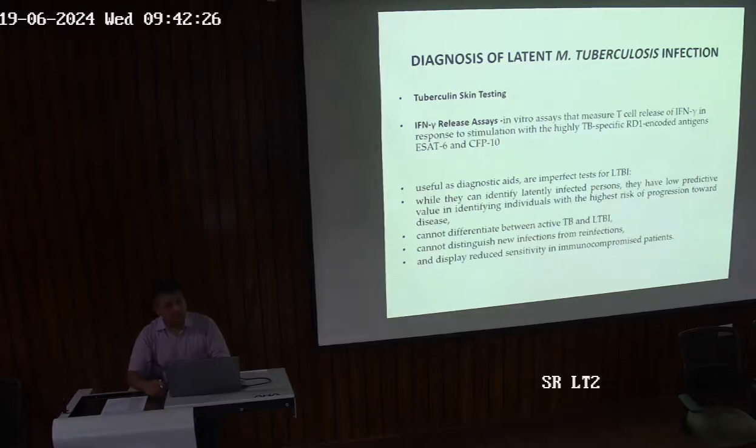But you can see in the third line, it cannot differentiate between active TB and latent TB. You should all keep in your mind, if interferon gamma testing is positive, it is not a diagnostic test for active or the latent tuberculosis. If it is negative, then you are sure the patient is not infected. But if it is positive, he can be having a latent infection or active tuberculosis.